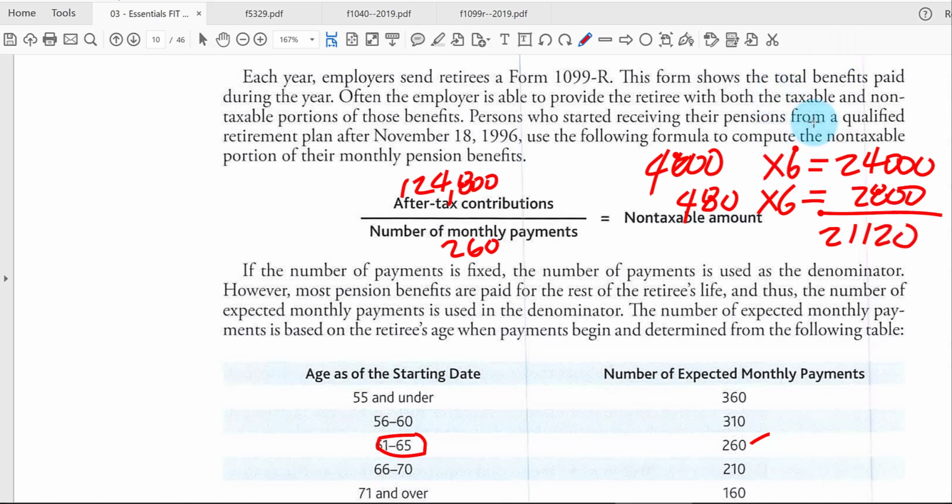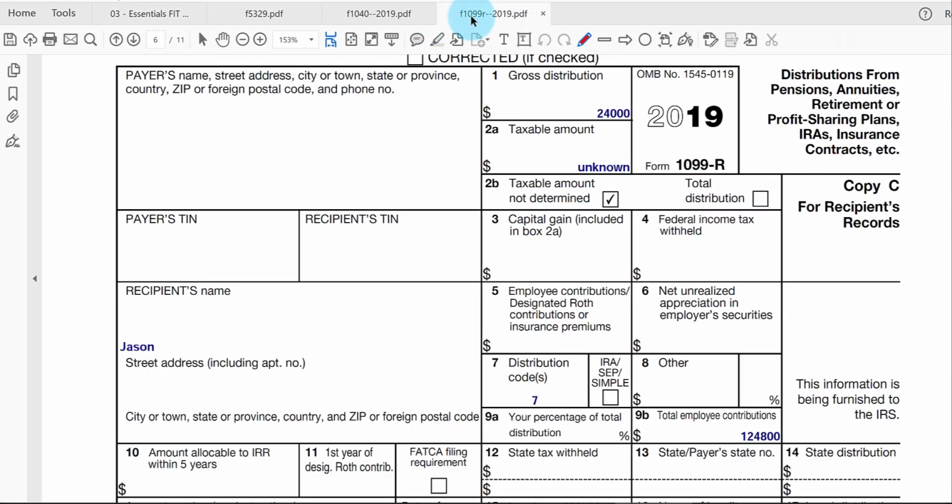Of course, we're doing all of this on scratch paper, but this is the way it should be reported. Remember now, on the 1099 form, coming from his employer or whatever financial institution is handling the pension plan, they'll issue 1099-R forms to our retired employees, in this case Jason. And here is the amount that was distributed to him for this first year that he's retired.